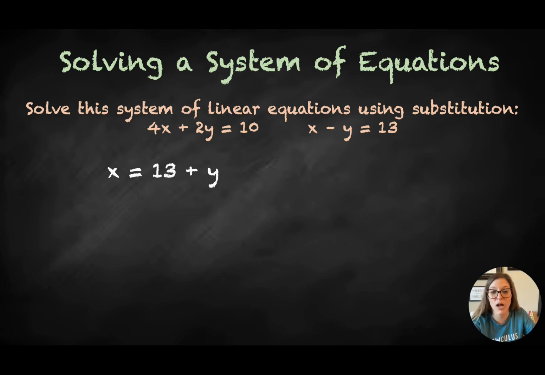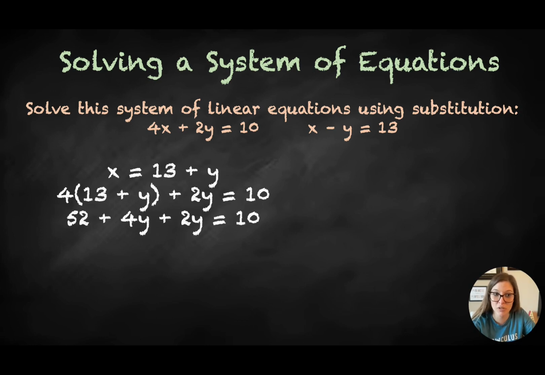Now that I have an equation for x, I can plug that in for x in my other equation. So now I have 4 times 13 plus y, plus 2y equals 10. I can distribute the 4 to get 52 plus 4y plus 2y equals 10, combine like terms and subtract 52 from both sides, giving me 6y is equal to negative 42, which gives me y is equal to negative 7.